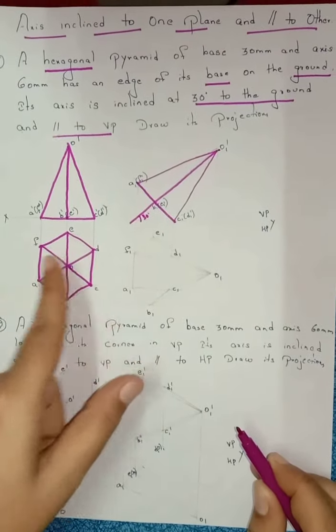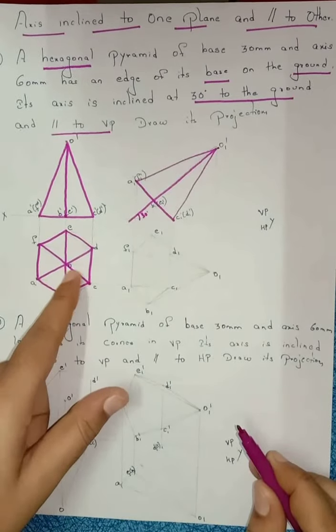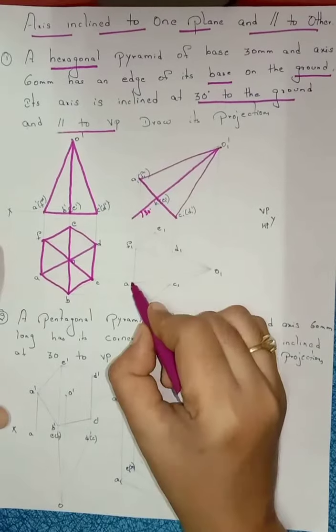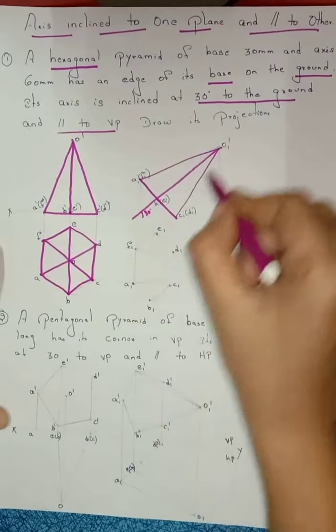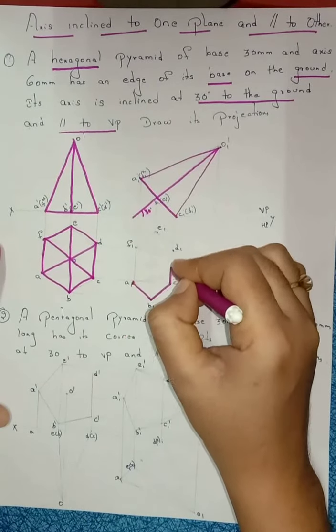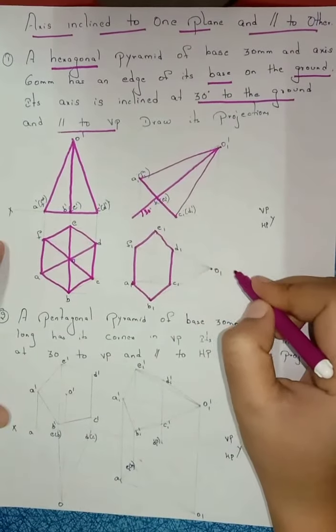From every corner of the hexagon, draw horizontal lines. From point O also you have to draw the horizontal line. After drawing that, from A to A, from B to B, C, D, E, F, from O to O. If you join all these A, B, C, D, E, F, you will get the hexagon. Mark the midpoint.